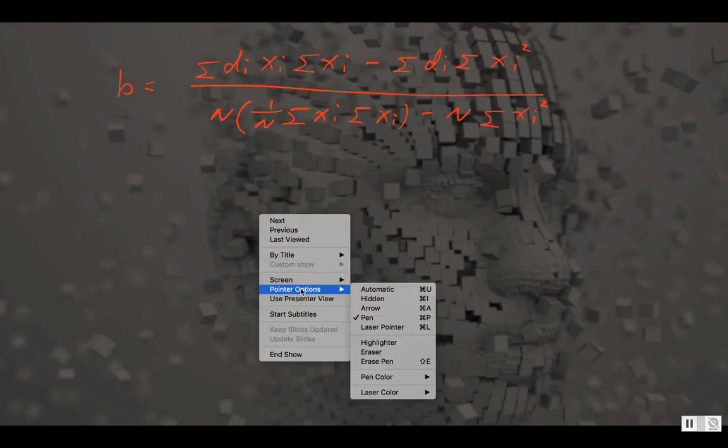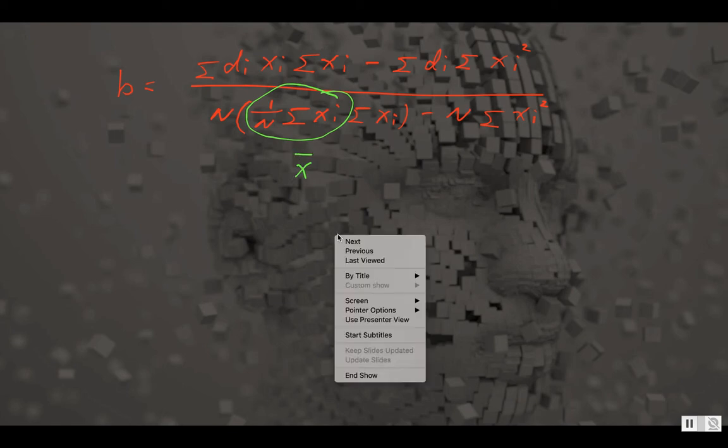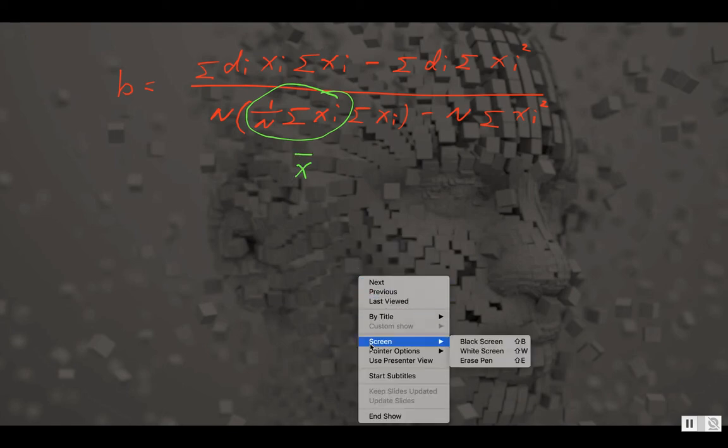And then what we do is look at this term. Look at these whole terms. This is nothing but this one equal to x bar. So now we put this one, we use the x bar to replace that term.